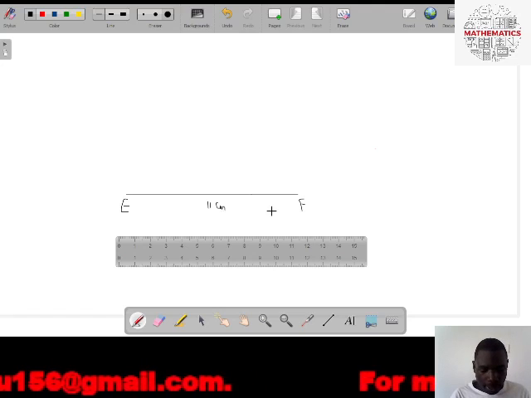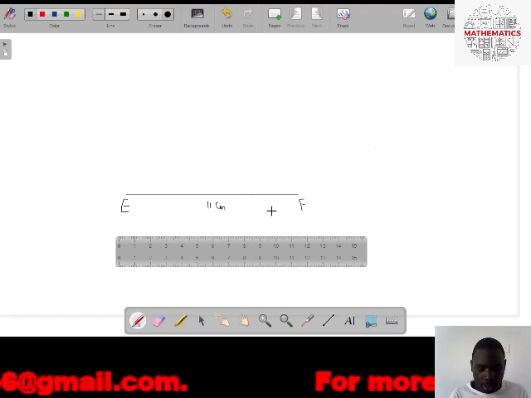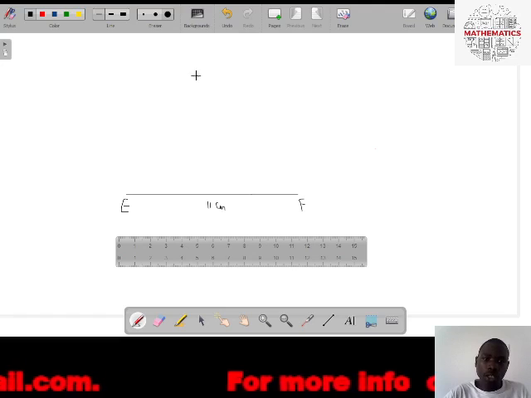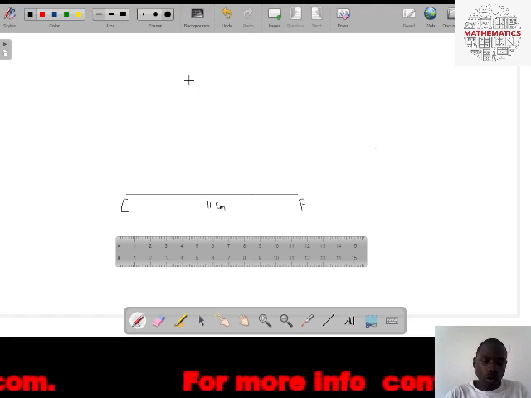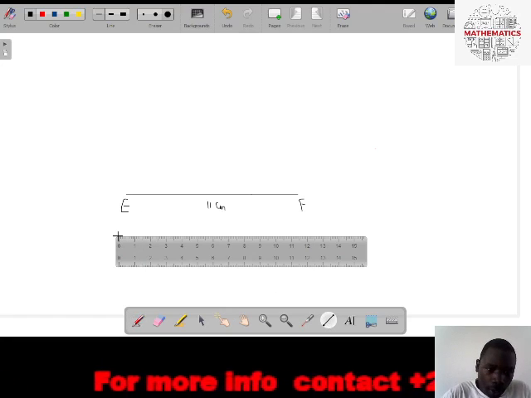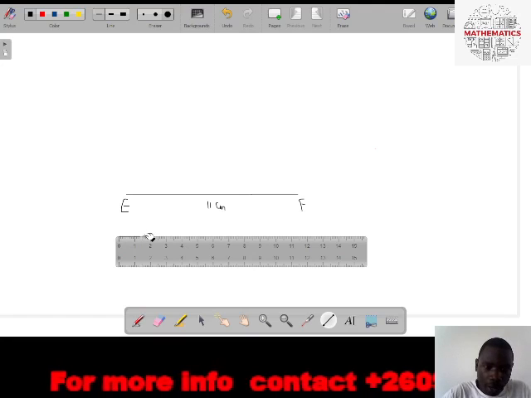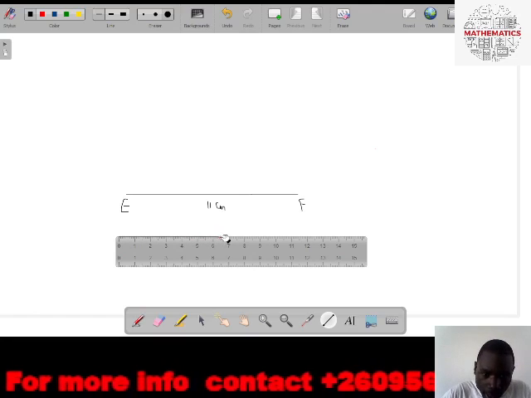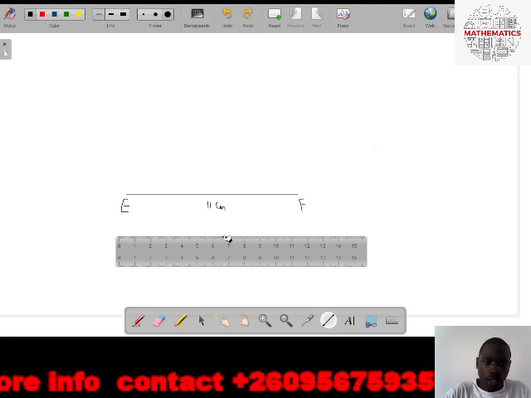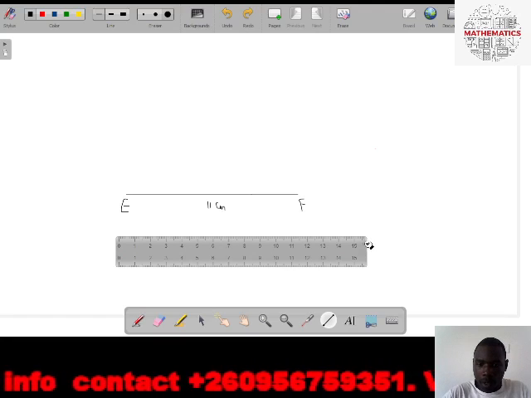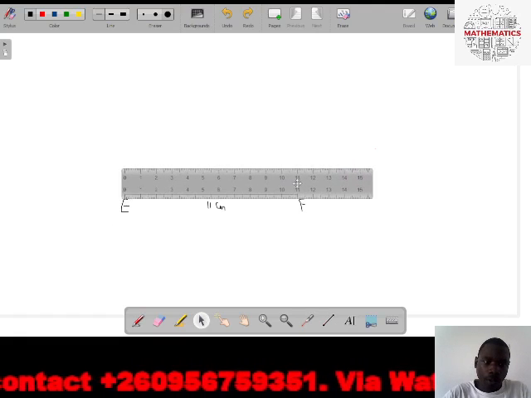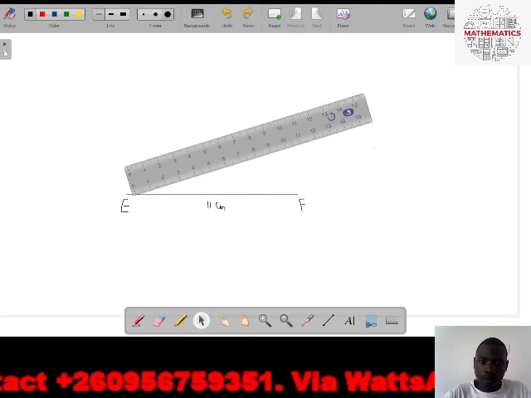And then apart from that, they're saying EG is 6.5 centimeters. EG, meaning G should be somewhere here on top. So we are going to measure 6.5 using our ruler. So 6 is here, so then 6.5 is actually there. Okay, so let me just turn my ruler and lift it.